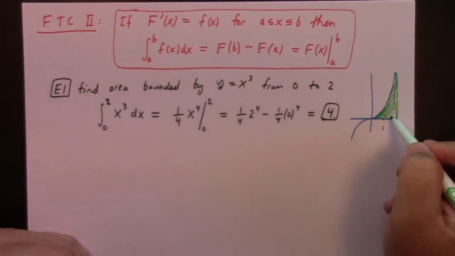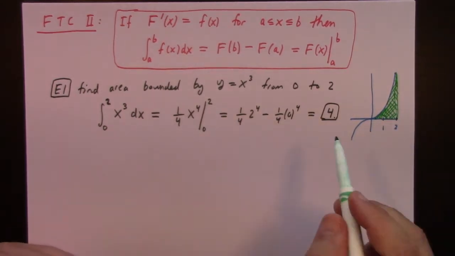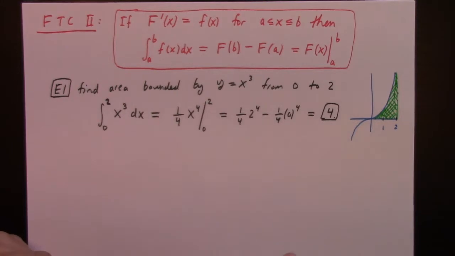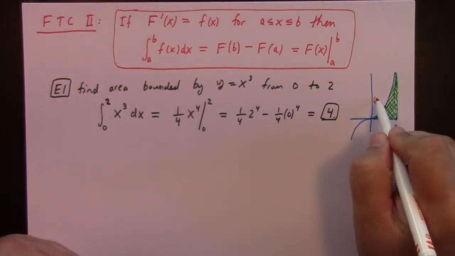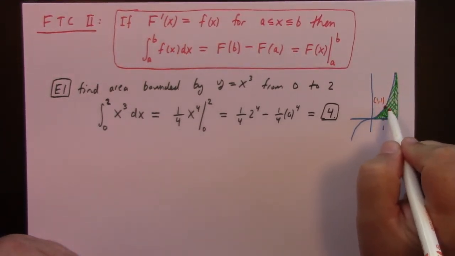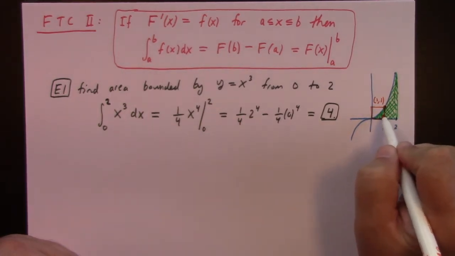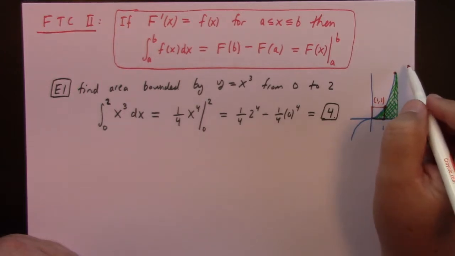My graph isn't even accurate, but that is precisely the area. That said, maybe we can even understand that too. This is 1, 1, right? So you've got this piece over here, where the area is certainly less than 1, and let's see here, this is 8, right?